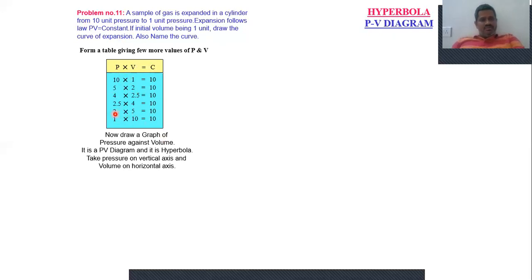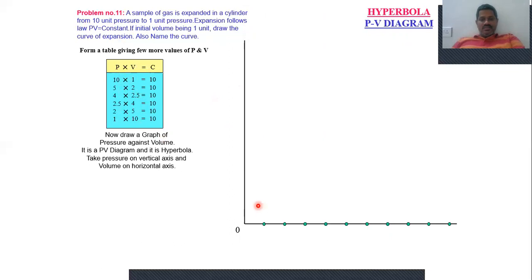Then from these values, we have to plot the PV diagram. So pressure along the y-axis, then volume along the x-axis like this. You name the points. So divide this, because we have the maximum pressure value of 10. Then I have located 10 equidistant points on the x-axis.